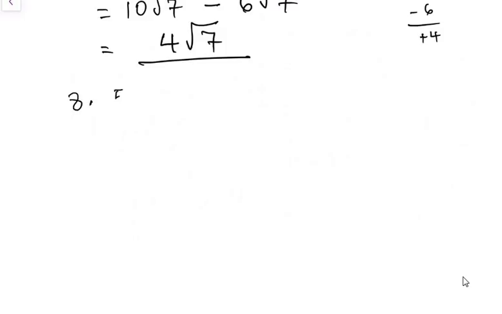We have 5 root 5 minus 2 root 5 plus root 10. So how do we solve this further? We can't break this root 10 in any way because it doesn't have a common root.